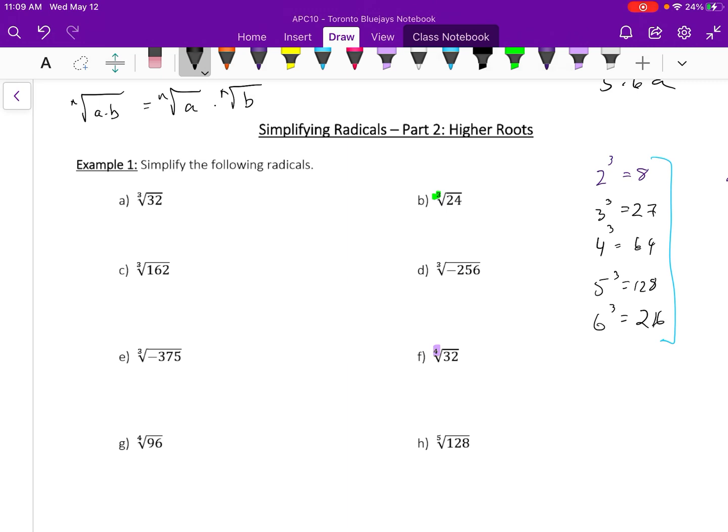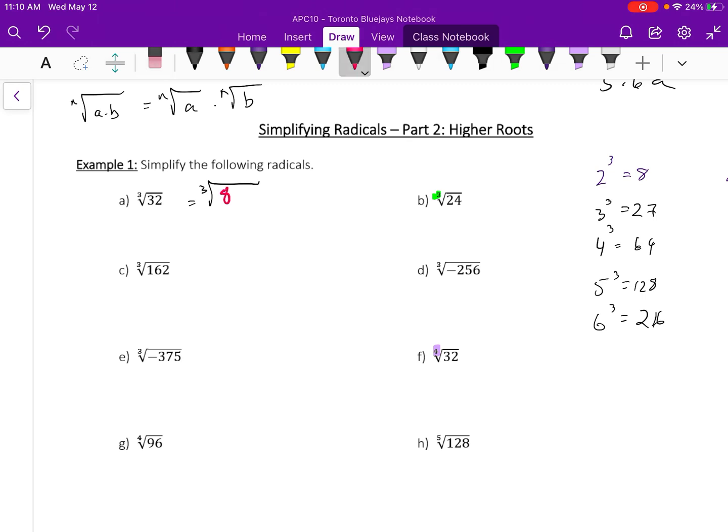So the cube root of 32. Now what we try to do is split up 32. We take a look at our perfect cubes. Which of these perfect cubes is a factor of 32? Well, in fact, it is 8.